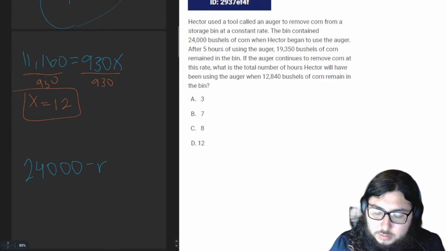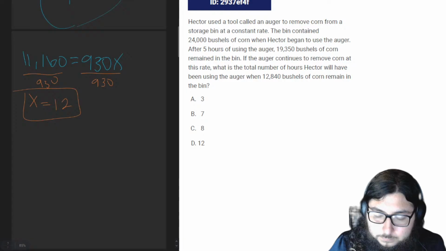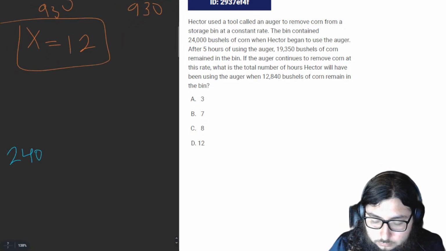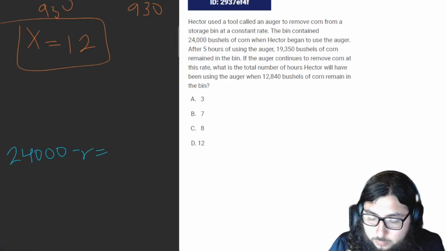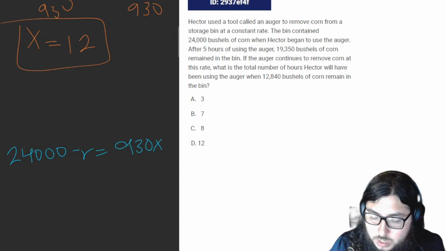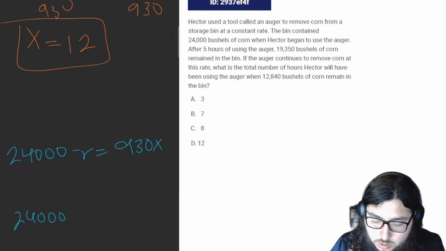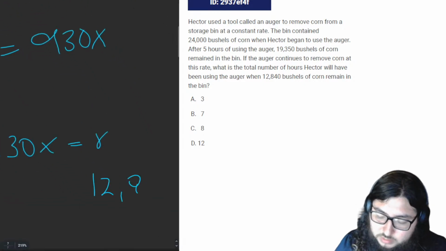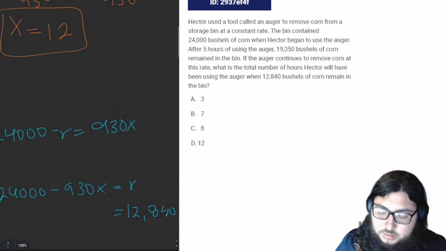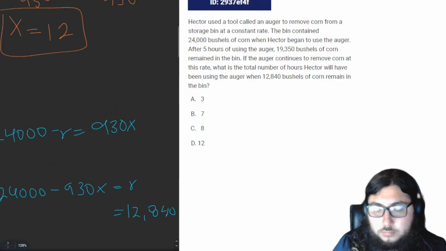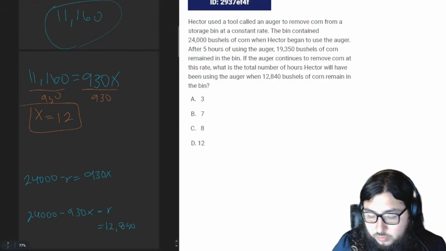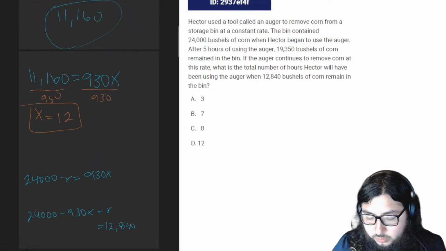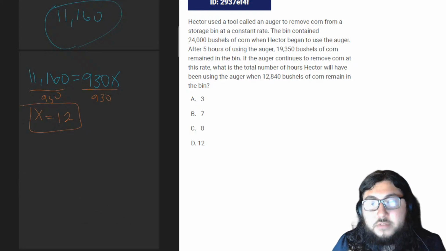So the amount of corn that remains, 24,000 minus r, is equal to what we had before, 930x, and then solve for r. So that would be 24,000 minus 930x, and then we could plug in 12,840 into here and solve for x, and we would get the same result. Ultimately, you'll end up subtracting 24,000 by 12,840 anyway, but if you wanted to put it in equation form, that is how you would do it.